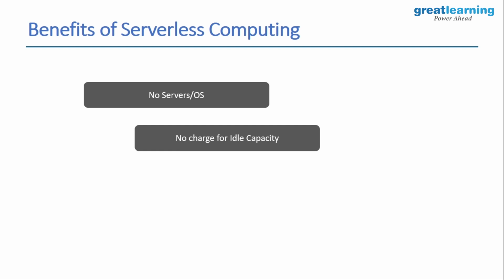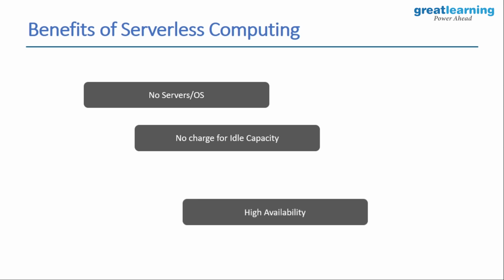So no charge for idle capacity means when your Lambda functions are not being used, are not being run, you won't be charged for that, right? When I said Lambda functions, I'm talking about the Lambda service where you can create such serverless computing functions, okay? We'll discuss that as we move further.